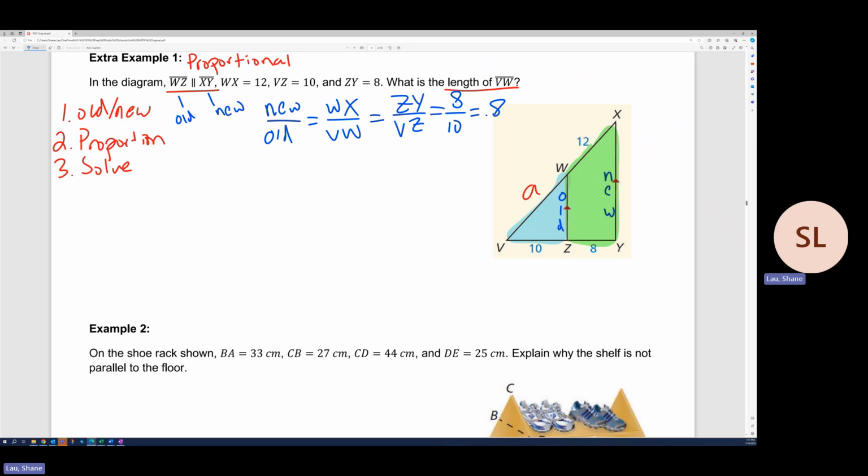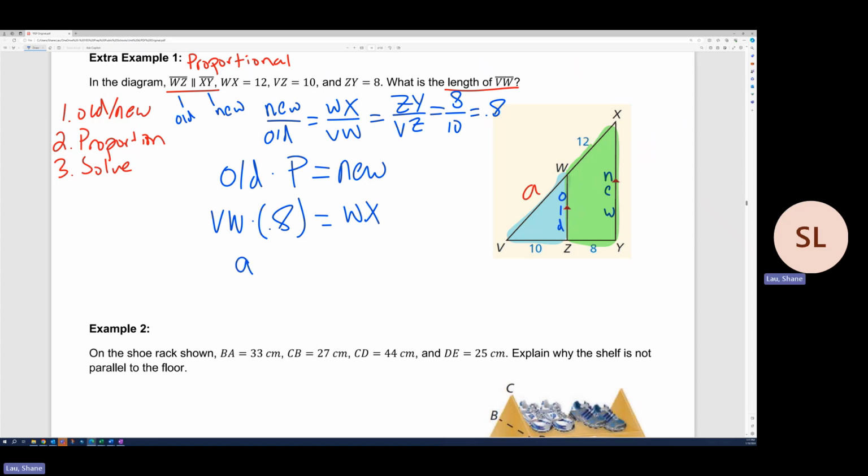Then I'm going to take my old times the proportion P equals the new as part of my formula. Replace the numbers in the values. So we have VW times 0.8 equals WX. Keep going.